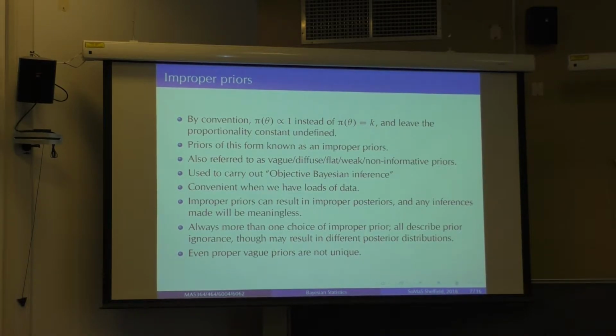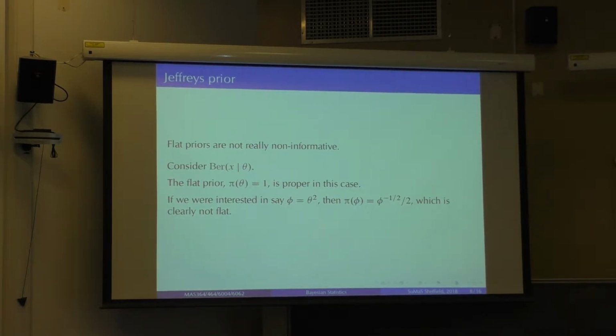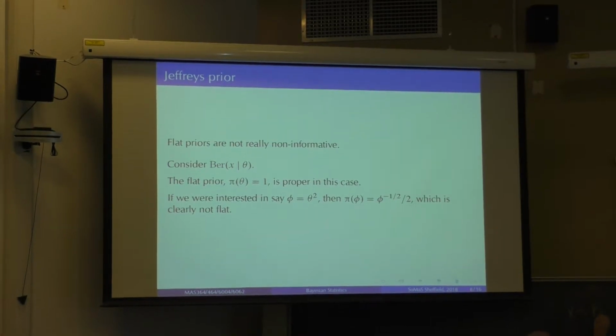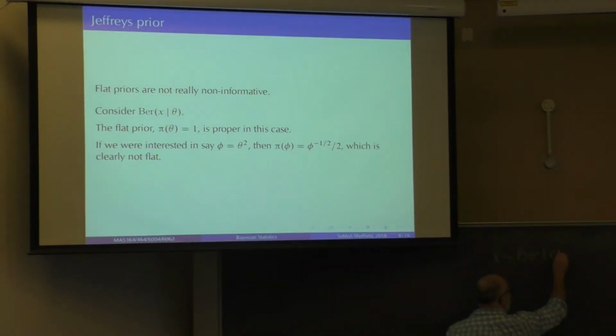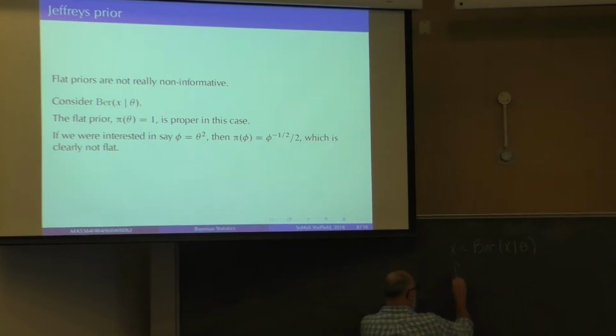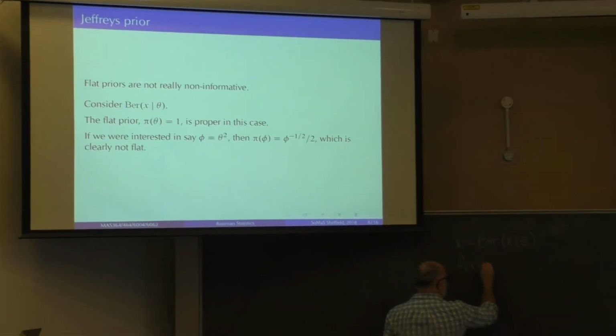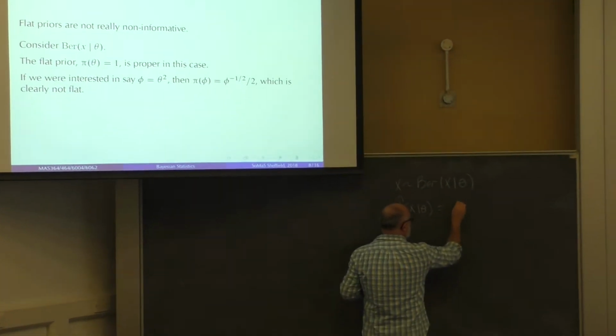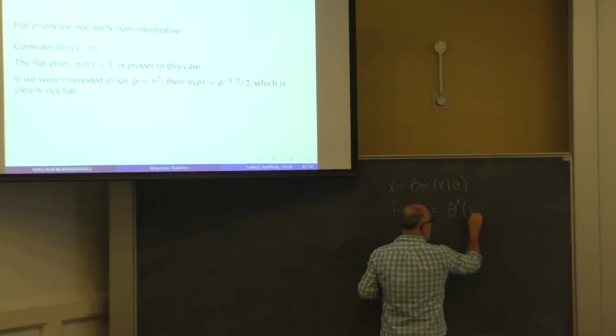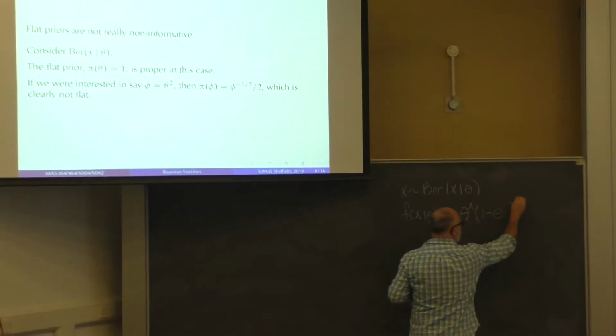So one example of that is here. Think about a Bernoulli distribution, right? So you have, if X is Bernoulli with parameter theta, f of x given theta is theta to the power of x, 1 minus theta to the power of 1 minus x.